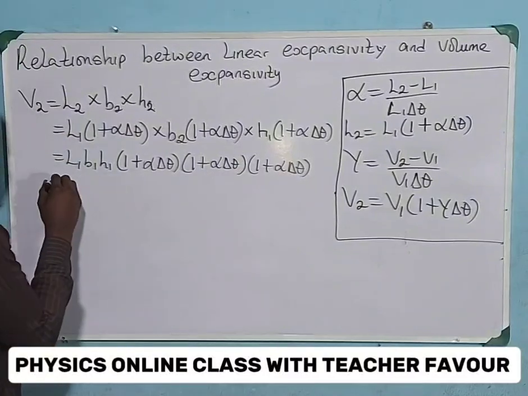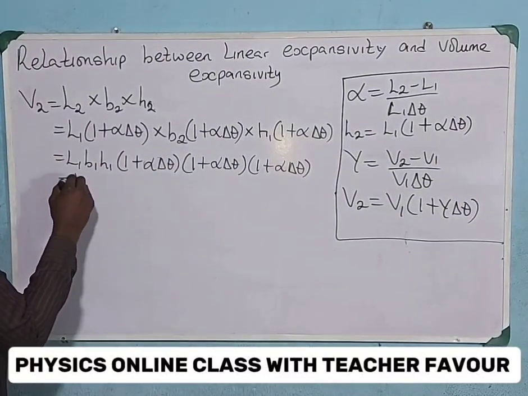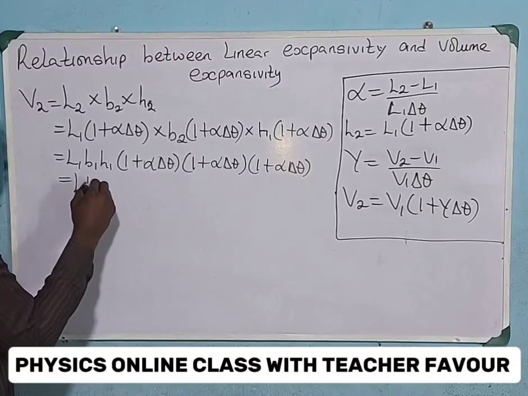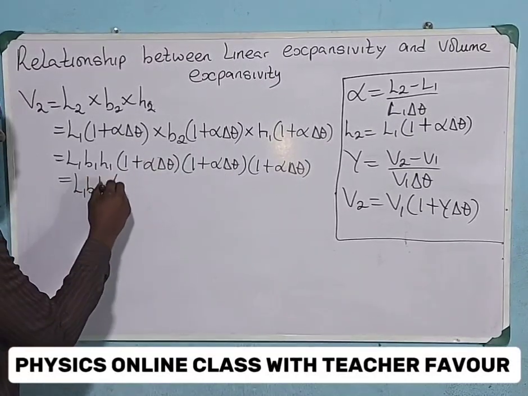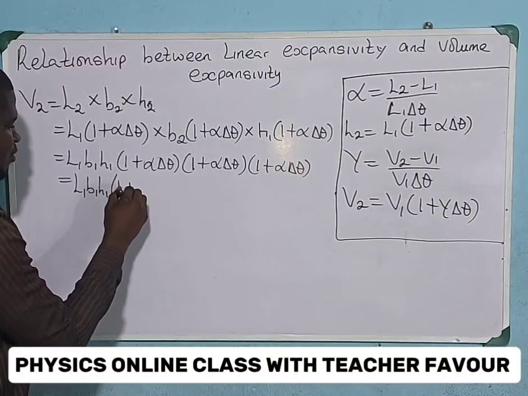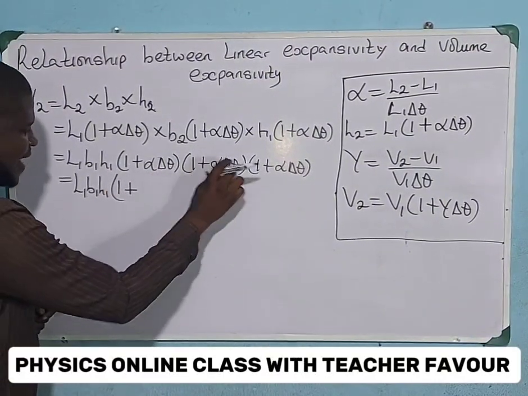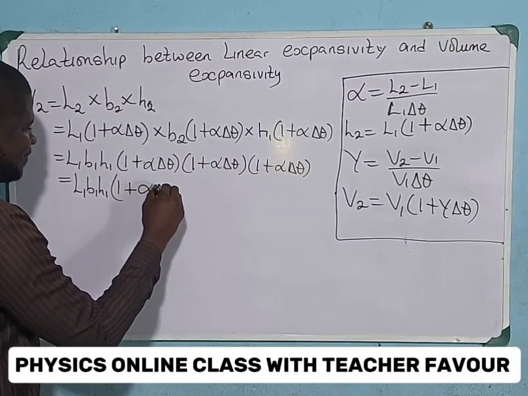So let's take it in steps. Let's first of all take care of these two. We'll bring down this L1, B1, H1. This will multiply this and we say 1 times 1 is 1 plus 1 times alpha delta theta is equal to alpha delta theta.